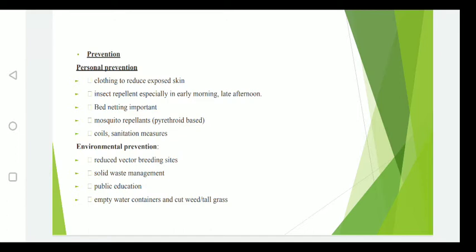Okay, the second one is environmental prevention, reducing vector breeding sites, because the Aedes mosquito breeds in fresh water. If you keep a glass of fresh water for a long time, it can breed in that water, especially in coconut shells.